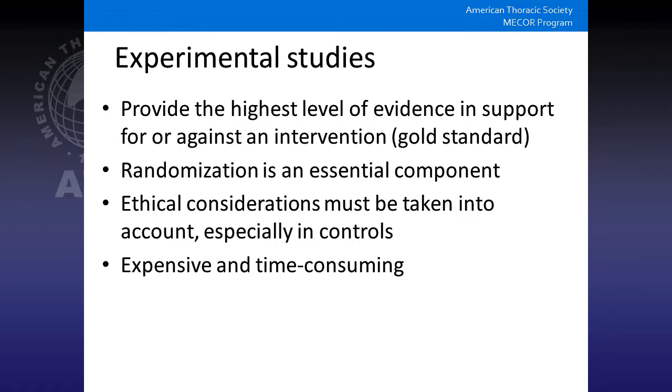Ethical considerations are obviously critical here, and I earlier gave the example of it would be unethical to assign some people randomly to smoke cigarettes through their life and others not to smoke through their life. So we have to make sure that the treatments that we give to people, especially the controls, if it's a placebo, for example, have to be ethical.